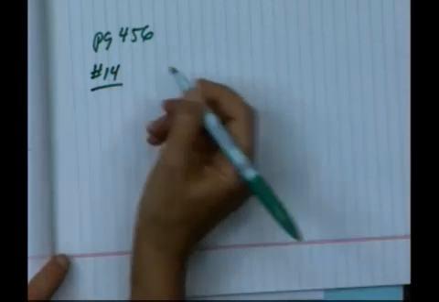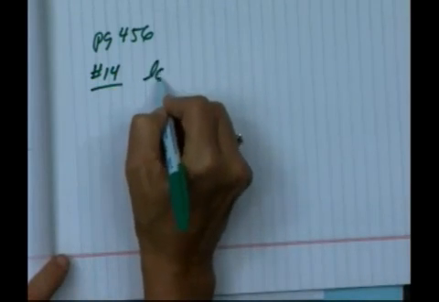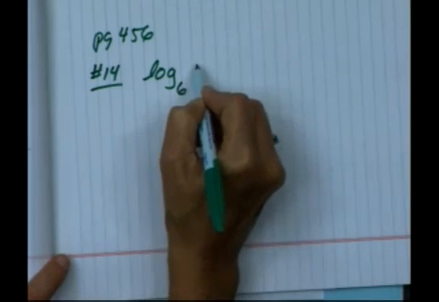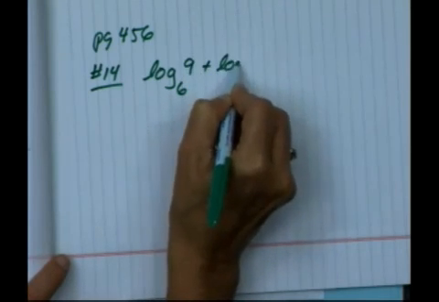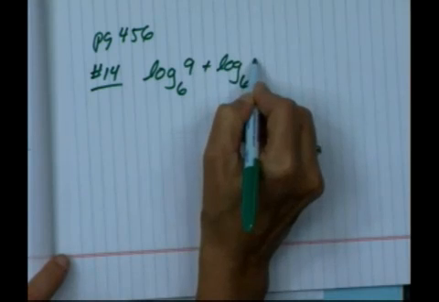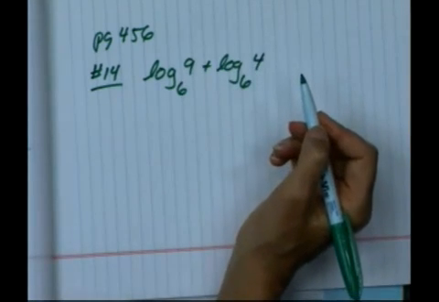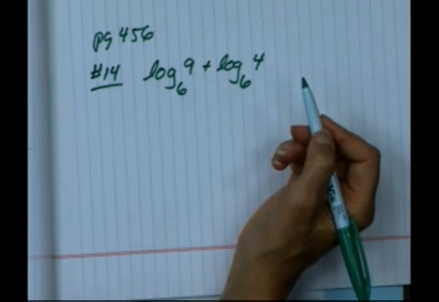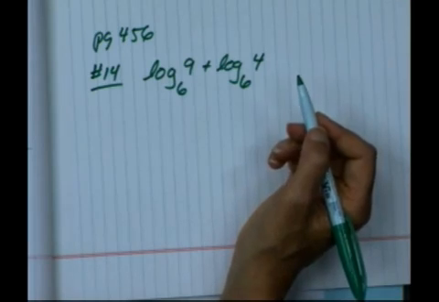Okay, we'll do number 14 for our first problem. It says log to the base 6 of 9 plus log to the base 6 of 4. The instructions are to use the properties of logs to find the exact value of the expression. Do not use the calculator.